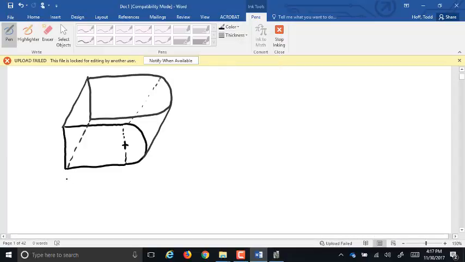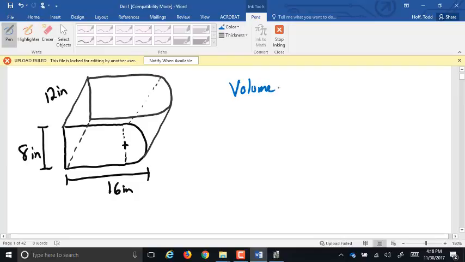And for this problem, we have a distance here of 8 inches. This is 16 inches. And this here is 12 inches. I want you to think about finding the volume and the surface area.